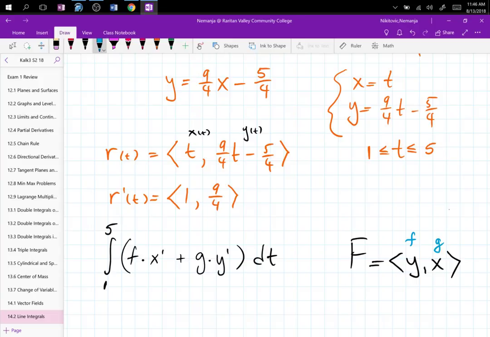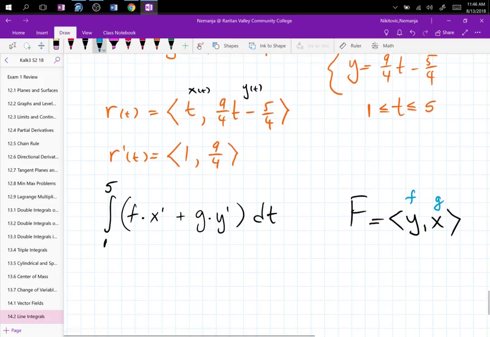Cool? One more time. Your formula is f x prime. So f needs to go there. Well, f is y, and y is this. That's why I said you have to look at 3 places at one time and then write it in the 4th spot.